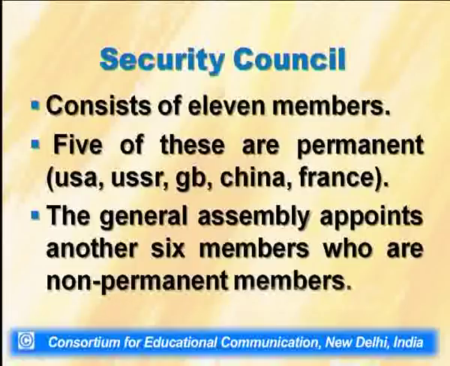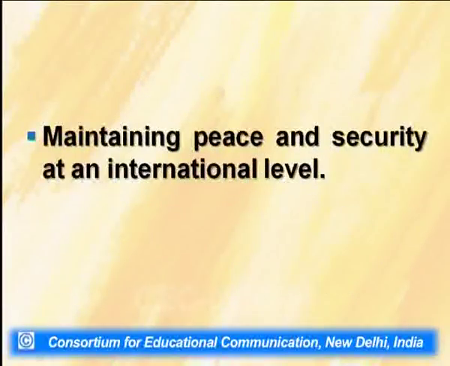The Security Council consists of 11 members. 5 of these are the permanent members. Who are the permanent members? Let's take it into account: United States of America, USSR, now Russia, Great Britain, China, and France. The General Assembly appoints another 6 members who are non-permanent members.